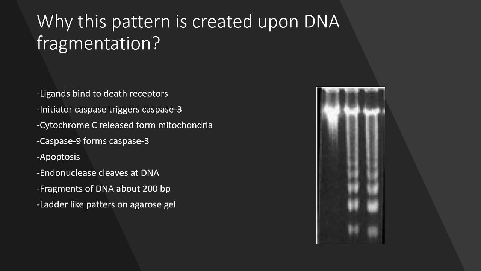For this to happen, first the ligands on the membrane bind to death receptors that trigger an initiator caspase. Then this caspase triggers the executioner caspase 3, and the activation of this caspase promotes the death of proteins that would counterbalance anti-apoptotic proteins such as BCL2, which stop the cell from going through apoptosis.